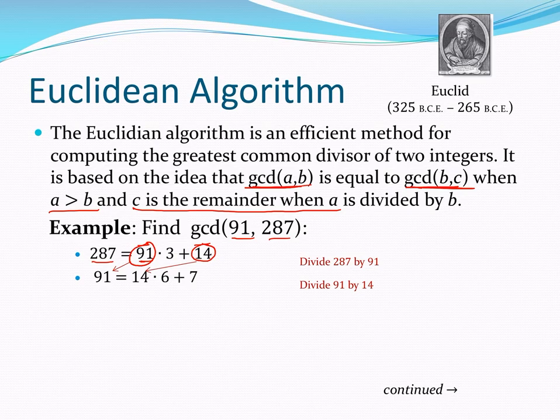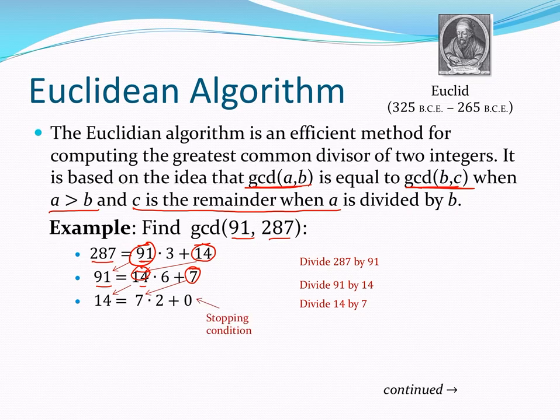So 91 and 14 have a greatest common divisor, the same as the greatest common divisor of 14 and 7. 14 becomes a new dividend, 7 becomes a new divisor, and I get 14 is equal to 7 times 2 plus 0. Of course, 14 and 7 have the greatest common divisor of 7.